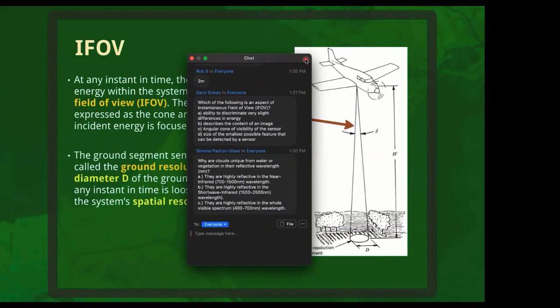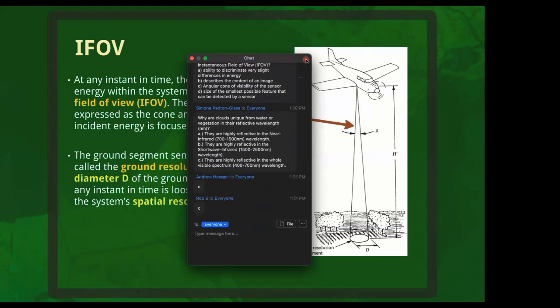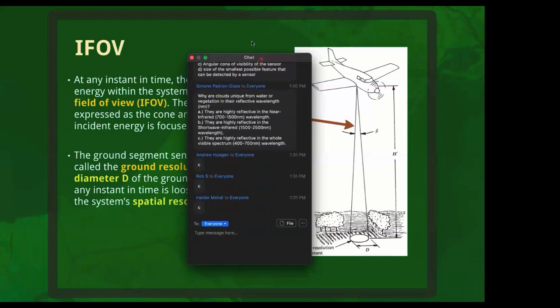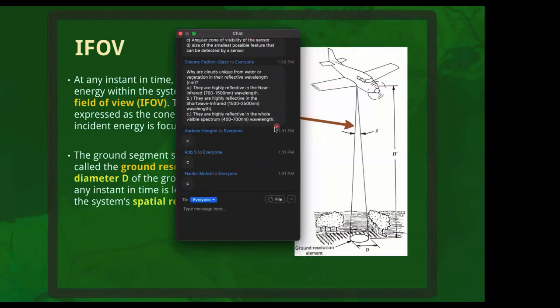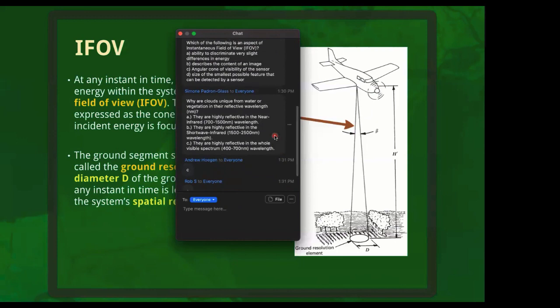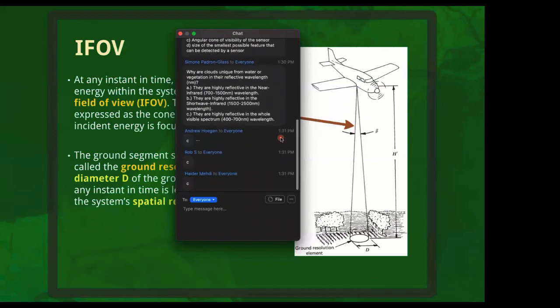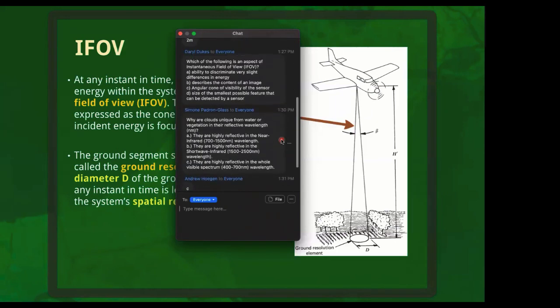What do you folks think? Okay, we have three C's. Very good. I believe that's a C, right? It's very tricky with the D here.